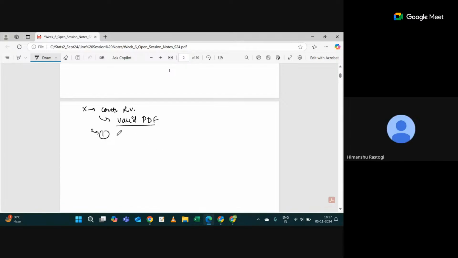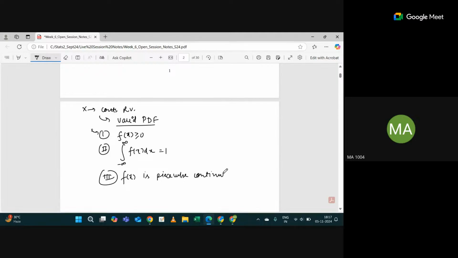The area under the curve should be 1. First of all, it should be greater than or equal to 0. Total probability should be equal to 1, the area throughout should be equal to 1. And third one, f(x) is piecewise continuous. Correct. So these properties we have seen already for a single random variable.